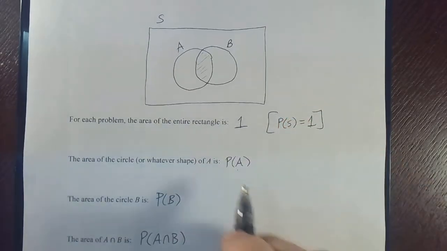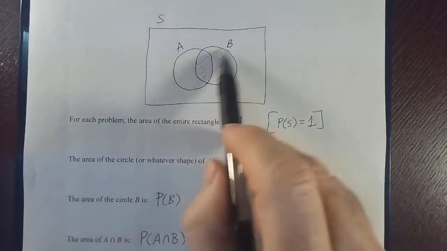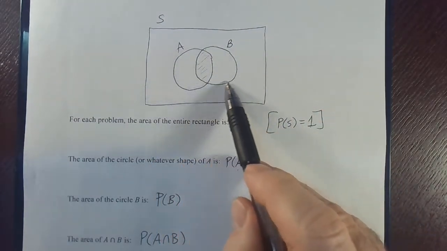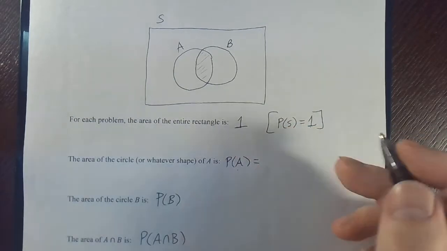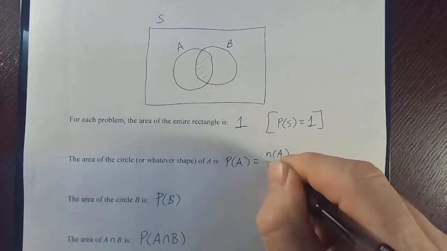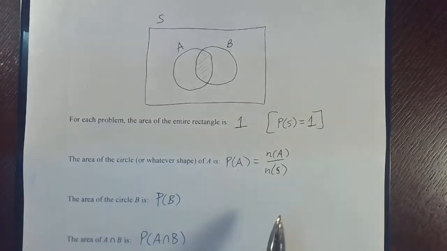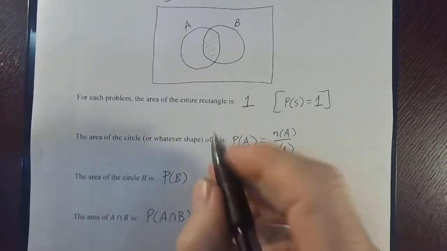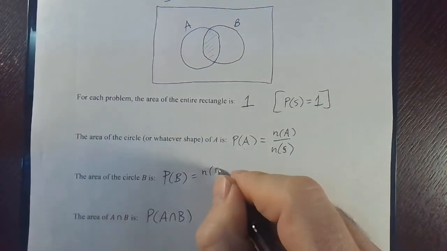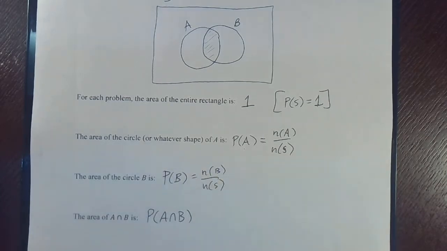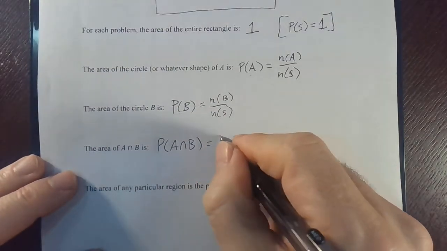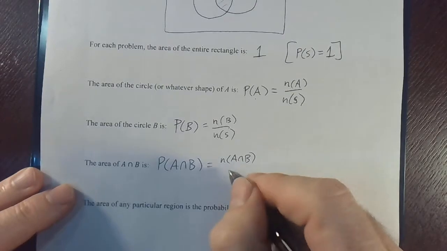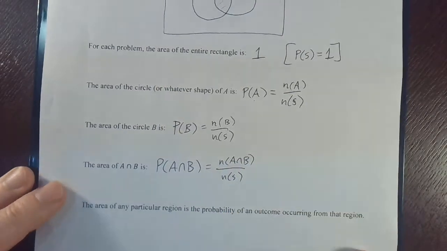If we're not thinking of it as areas, we can think of it as the number of elements in S, and we can think of the number of elements in A and the number of elements in B. And just using our definition of probability, this is equal to the number of elements in A over the number of elements in S. This would be the number of elements in B over the number of elements in S. And this one would be the number of elements in A intersection B, that football region, over the number of elements in S.